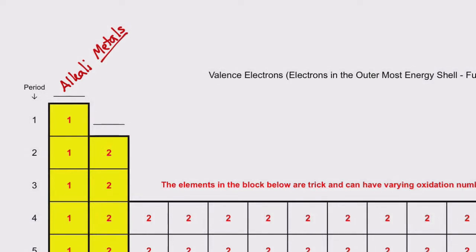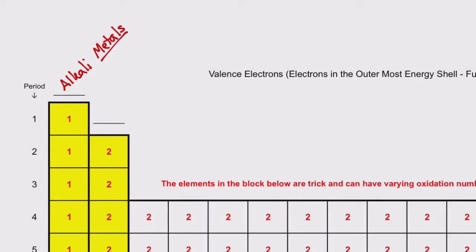They're the alkali metals. There are alkaline metals, but where? Does anyone remember? It's the second column. So we might as well name those while we're right here. Alkaline earth metals.